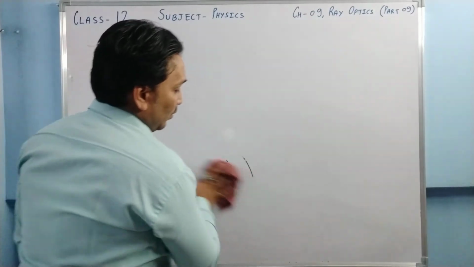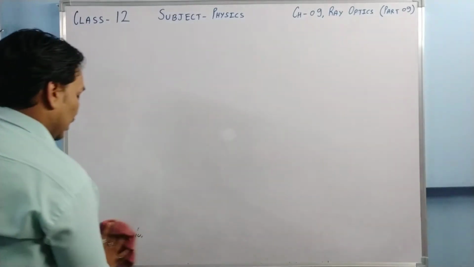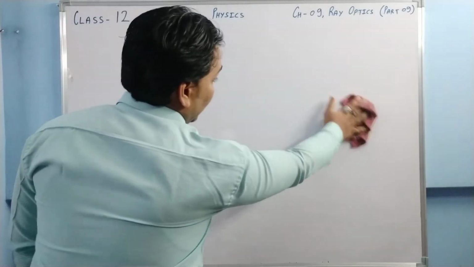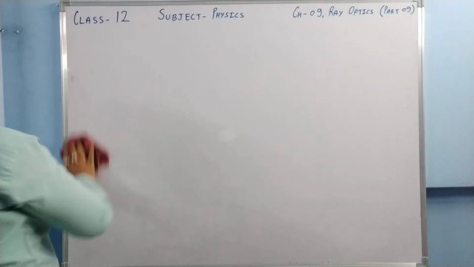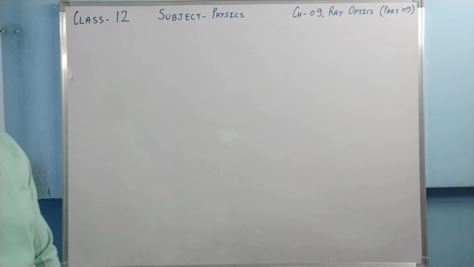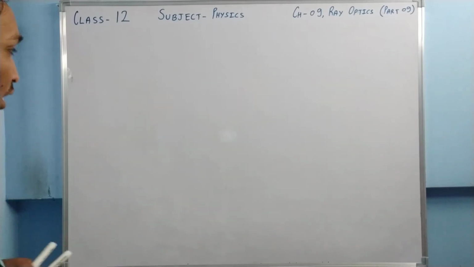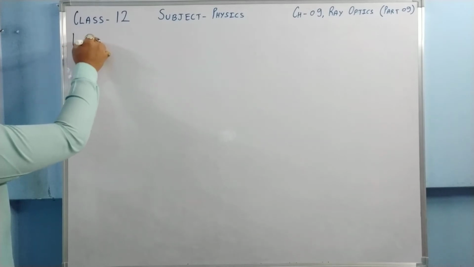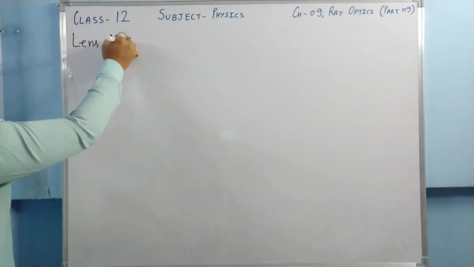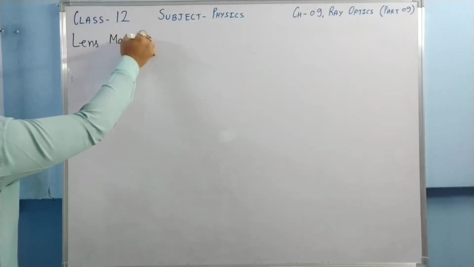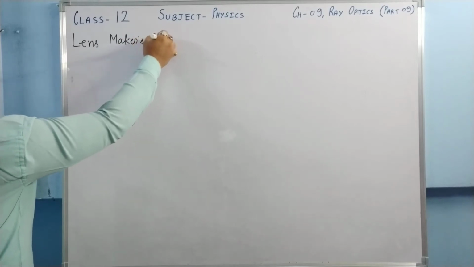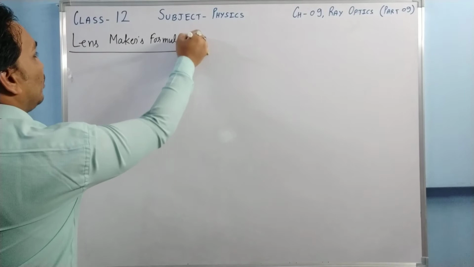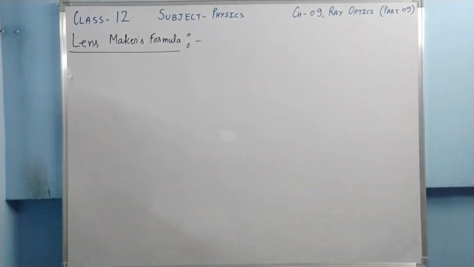Basically this is a formula which relates the refractive index of the material of the lens with the surrounding, the radius of curvature and the focal length of the lens. After that we'll have a small introduction about focus, focal length and everything.